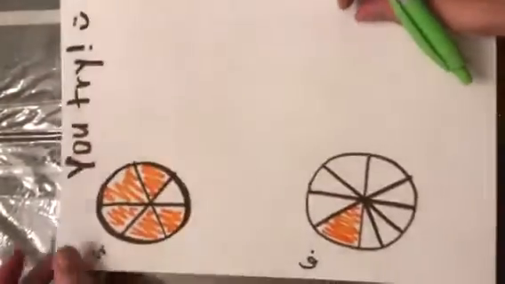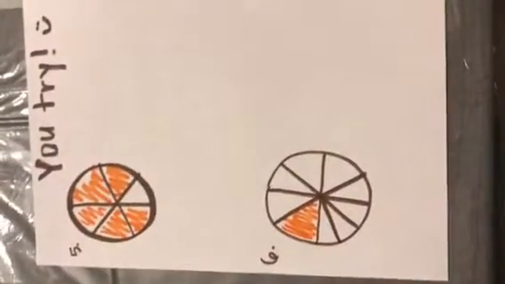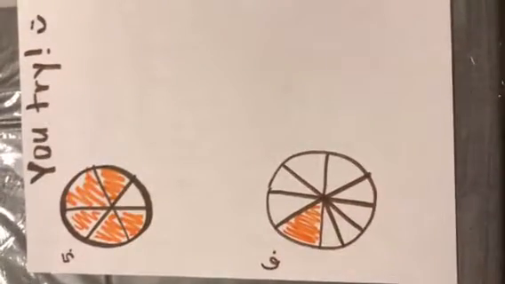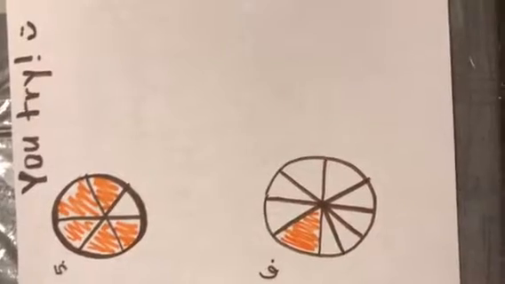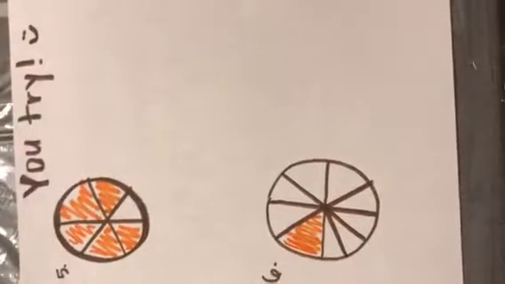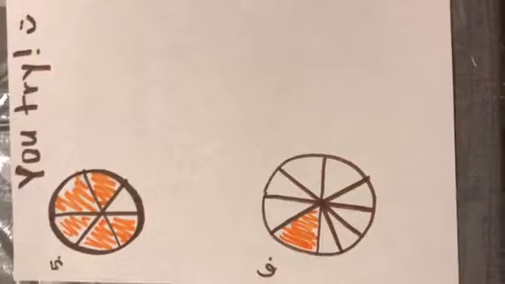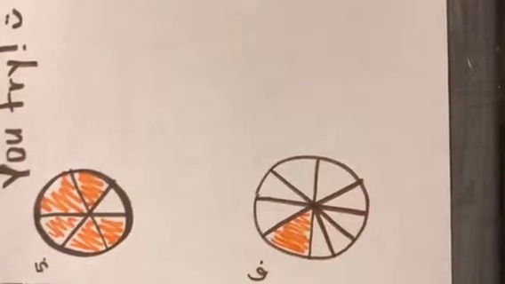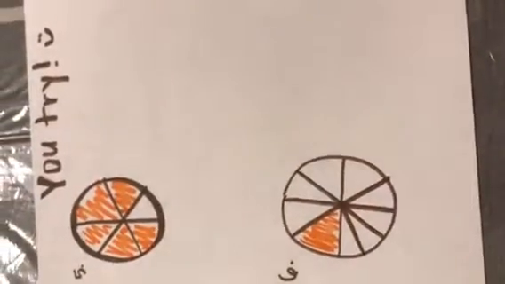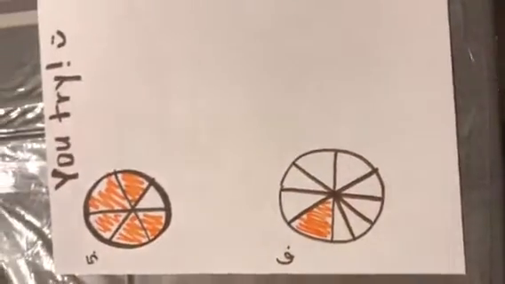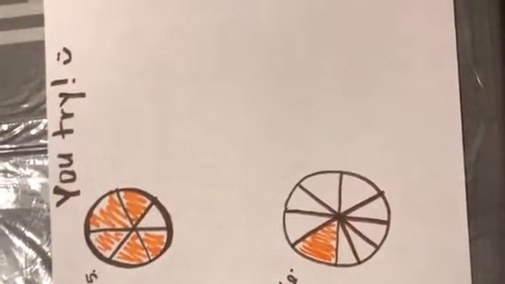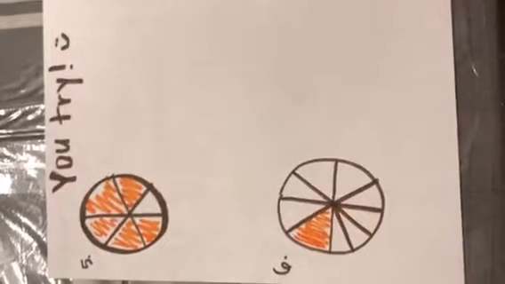All right, now it is your turn to try. I want you to try 5 and 6. I'm going to give you a couple minutes to solve, and then I'm going to show you the answers. Remember, the entire circle is worth 360 degrees.